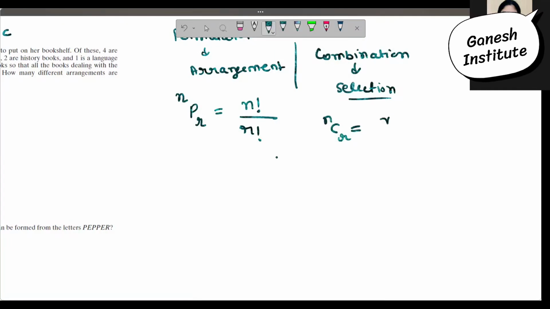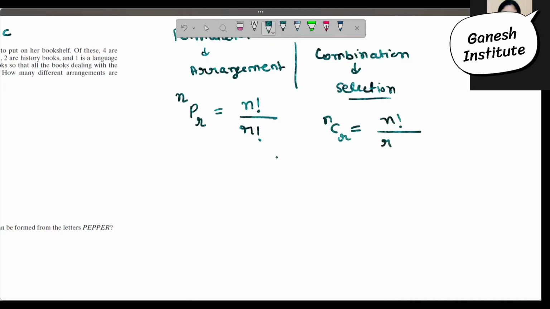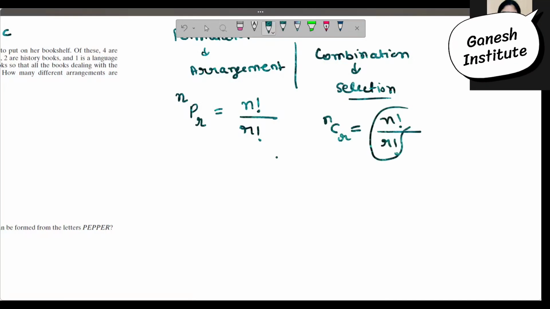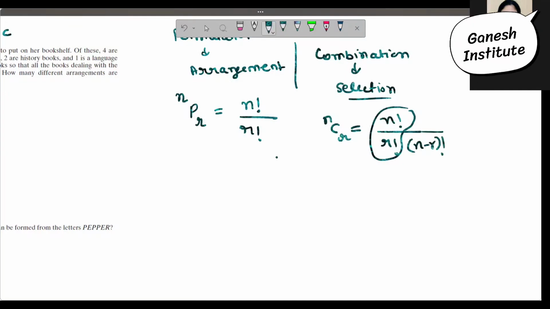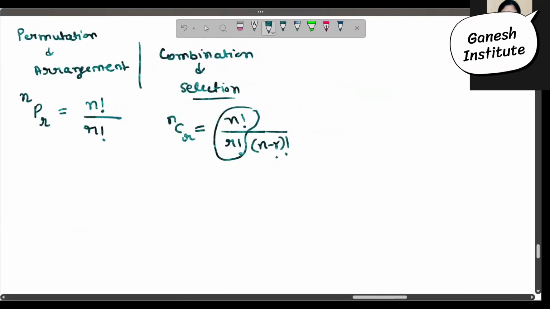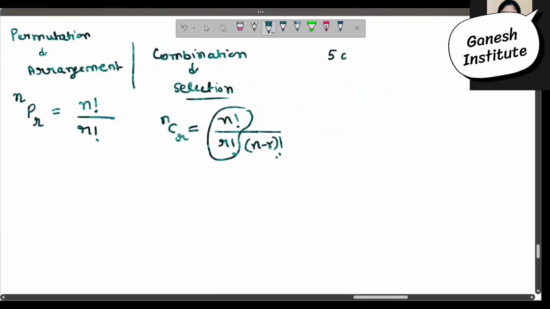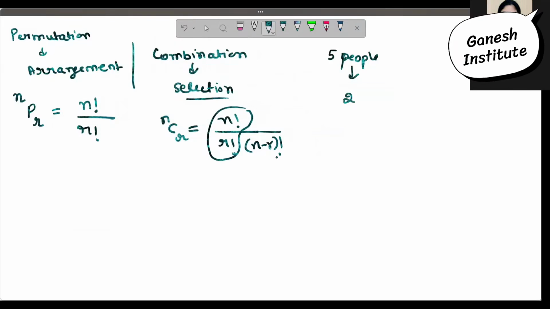What do we do? N factorial over R factorial. That means permutation is there, but then we have N minus R factorial objects also out of which we can choose. Like what is happening? We have 5 people out of which 2 people have to be selected.